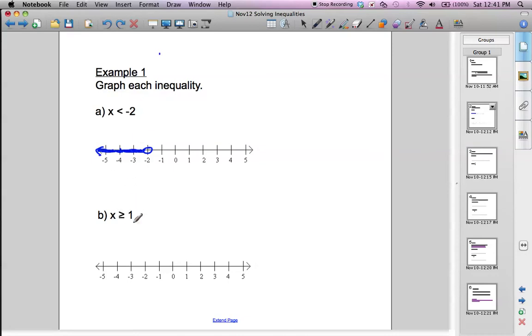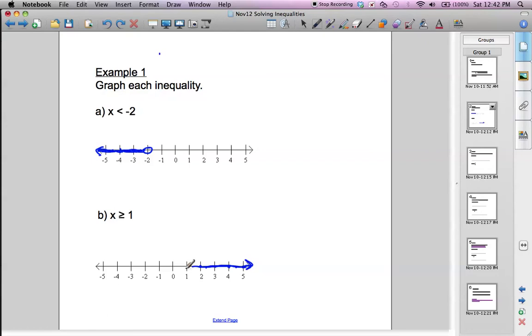In the next example, we've got x is greater than or equal to 1. So x could be 2, that's greater than 1. It could be 3, 4, 5, all the fractions in between, off to infinity. So you can draw a solid line.